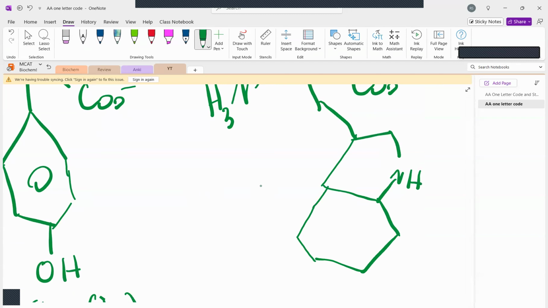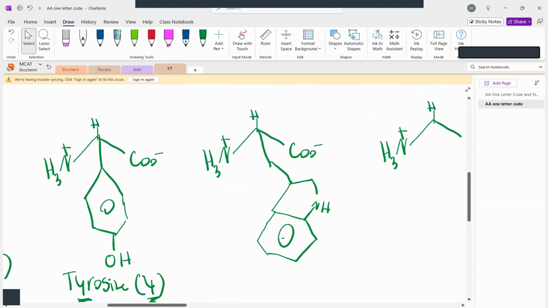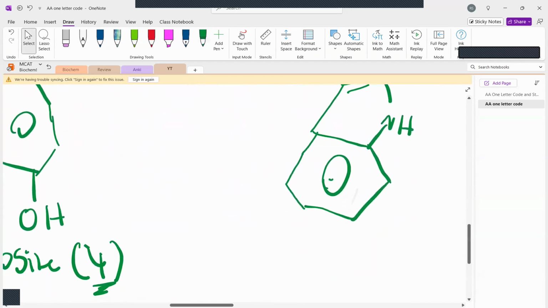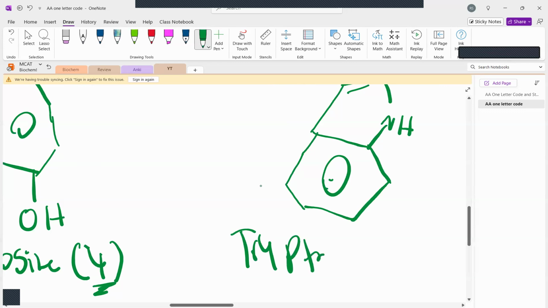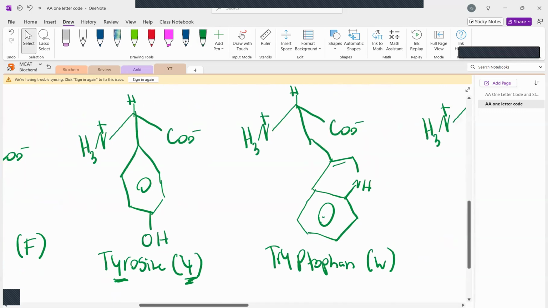It looks really wrong. Okay. But this is supposed to be sort of a benzene. So this is tryptophan. Oh, well, there we go. Tryptophan. And tryptophan is very wide. It's a big boy, just like all of the aromatic ones.